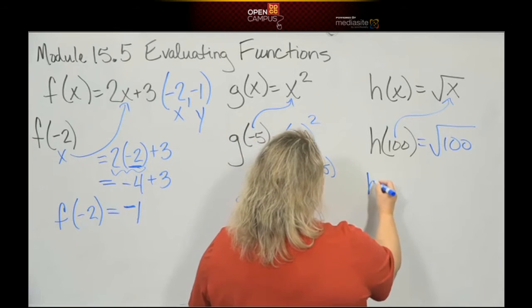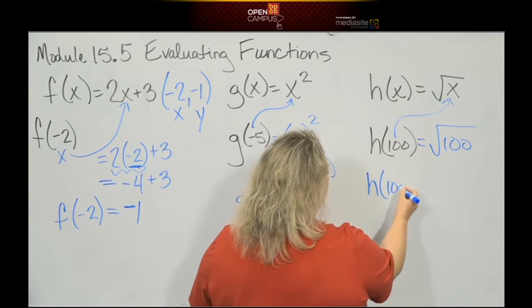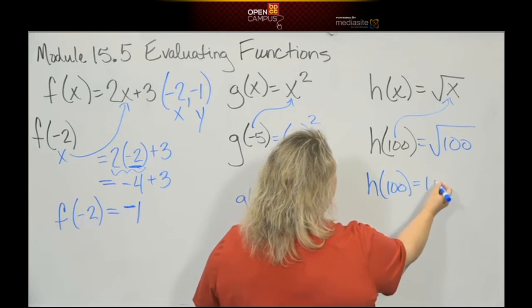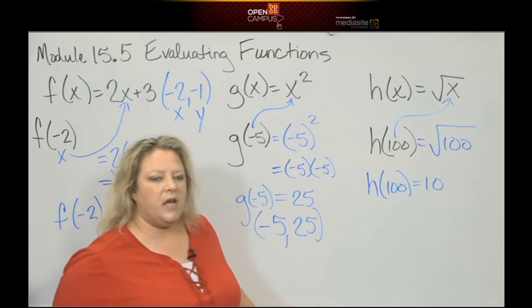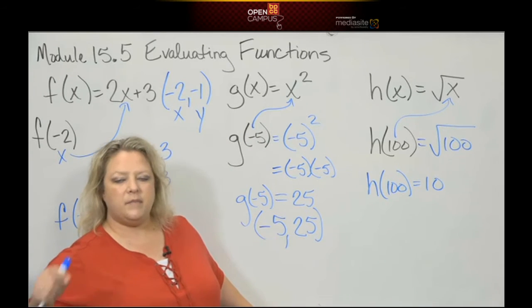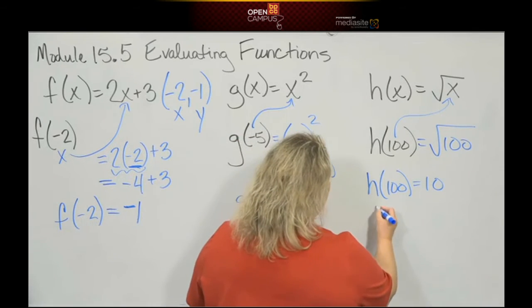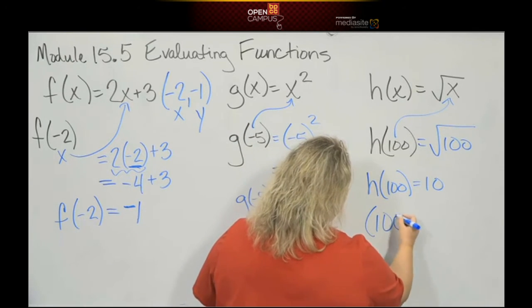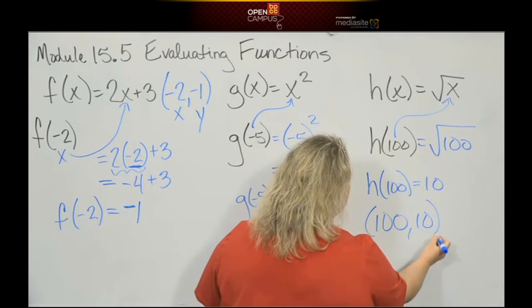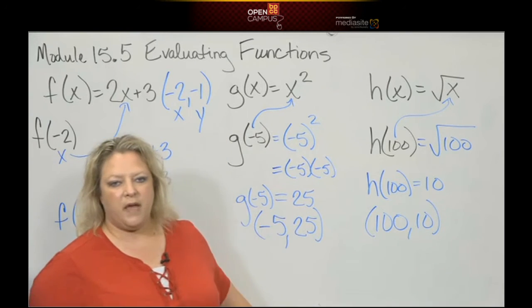So that means that h of 100 would be 10, because the square root of 100 is 10. 10 times 10 is 100, okay? So when I write that ordered pair, x is 100, and the number it spit out was 10. So that's my ordered pair for that one.